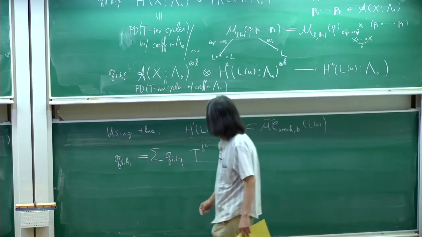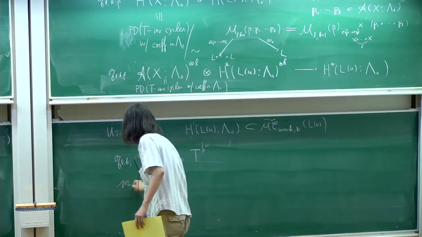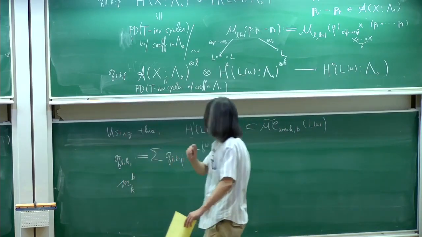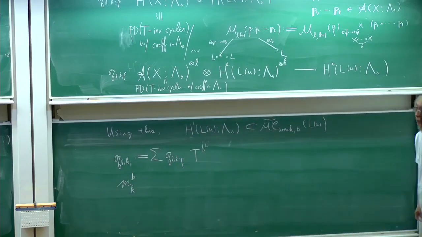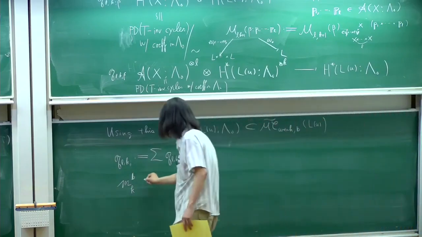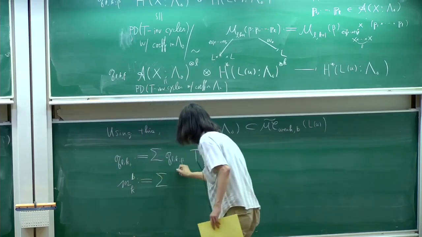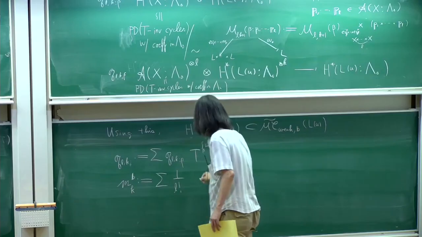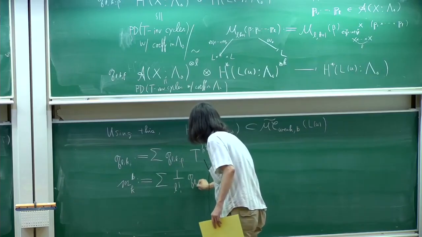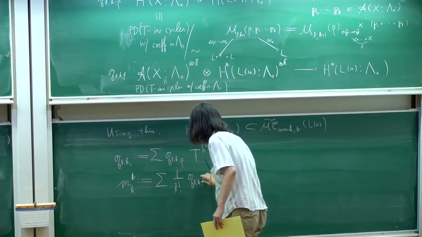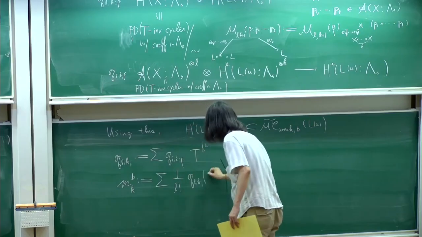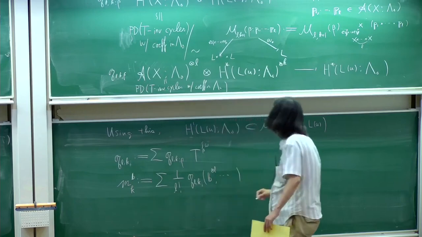And now I want to define this M_k, and this is bulk deformation. And this one is actually the following thing. This is defined to be the sum of 1 over L factorial and Q_{l,k} of, here I take B to the tensor power of L, and then this. Okay.